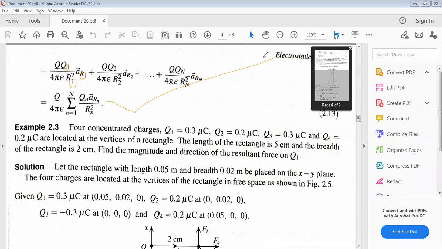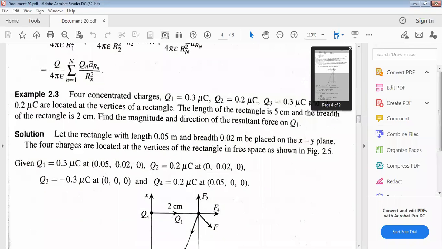This is the net attraction or repulsion force because of the multiple charges on the fixed charge. Get it? Okay, that's all. Now see one problem.